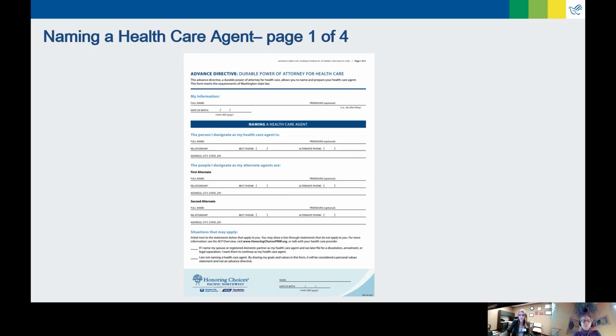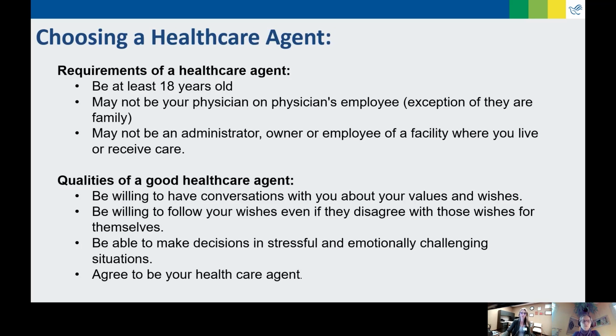So when we're thinking through how to choose or who to choose for a healthcare agent, there's some legal requirements that we need to be mindful of. That includes that the person is at least 18 years old in the state of Washington. Some would argue that 18 is pretty young to be making some of these big medical decisions. And so just being mindful of the age and maturity level of who you're designating, that they're able and willing to engage in these level of discussions.